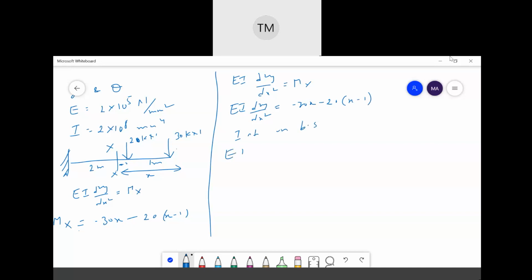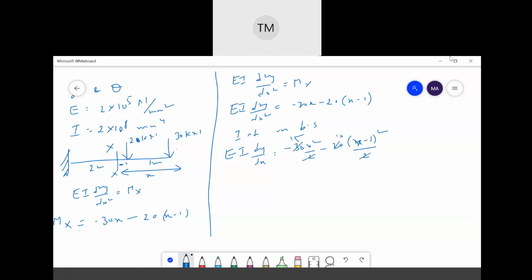What happens? EI dy by dx is equal to minus 30 into x square by 2 minus 20 into x minus 1 whole square by 2. Don't expand this x minus 1 whole square. Understand? Is it clear? I have to keep it like this. So here it cancels: it is 15, it is 10.